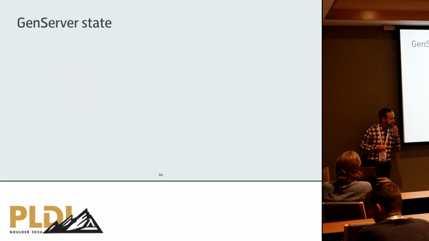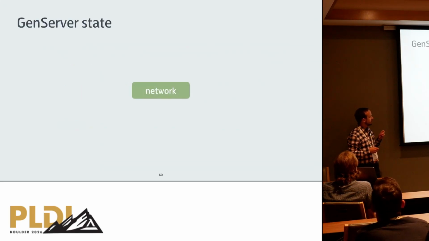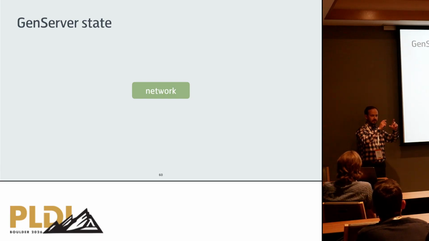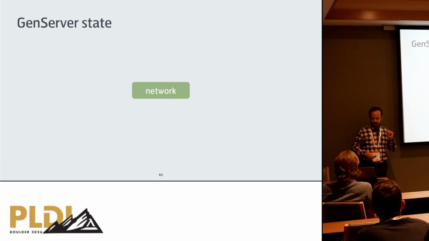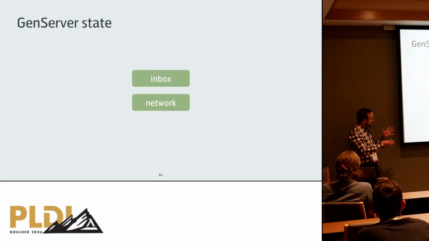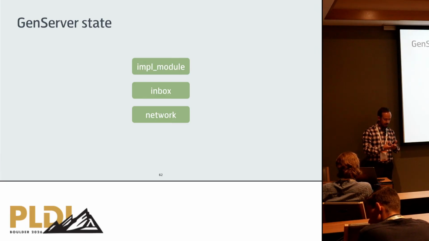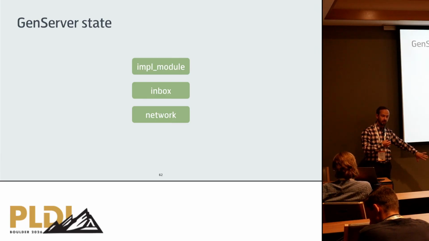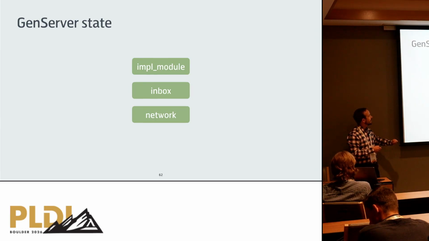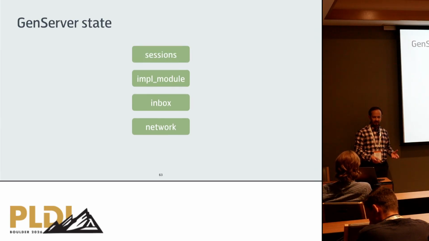The way the gen server state works is that they have a network, which is just what other processes they know about. They have this inbox, again, that you can reorder. They keep track of what module is implementing all of the local code of the actor. And then they also keep track of all the sessions that they know about.